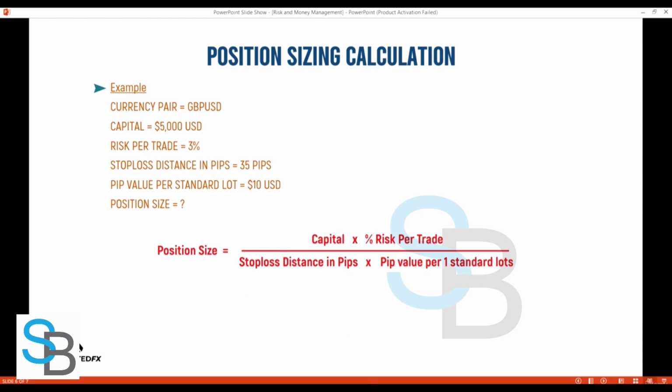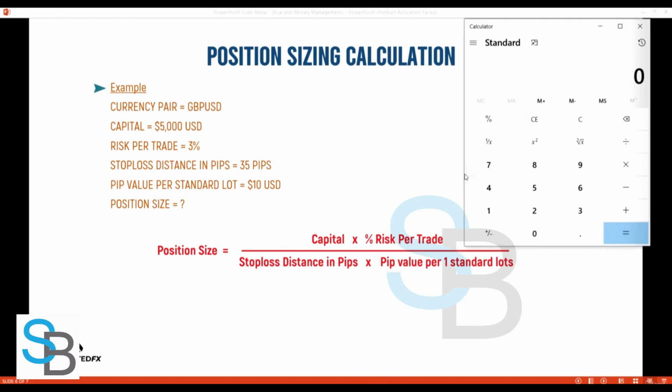So, bringing up our calculator now, we are going to say capital, which is $5,000, times risk per trade. So we have 3%, 3 divided by 100, that's 0.03, times our capital, 5,000. Now we have 150, right? Then the stop loss distance is 35 pips times the pip value, which is 10.